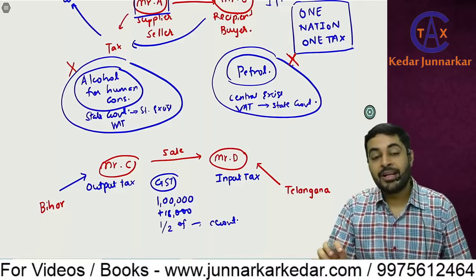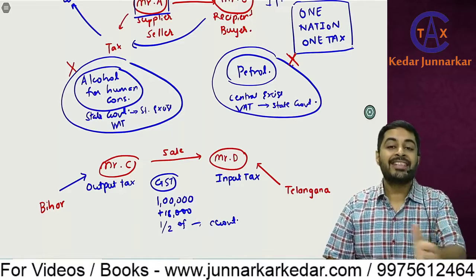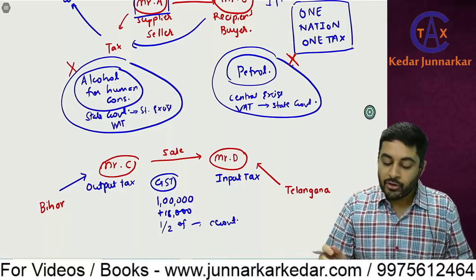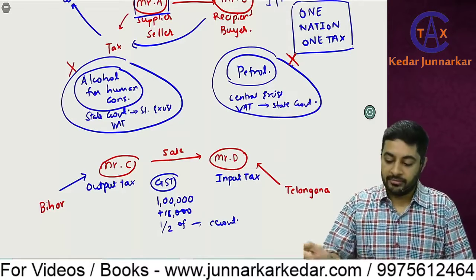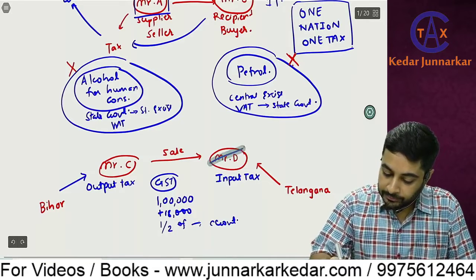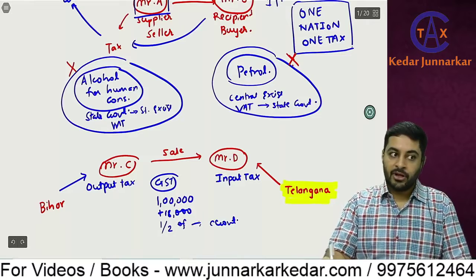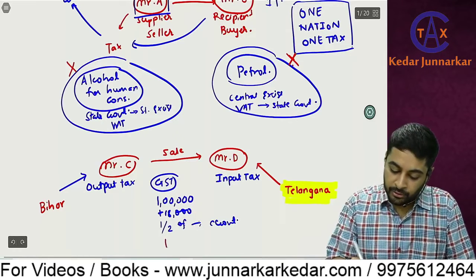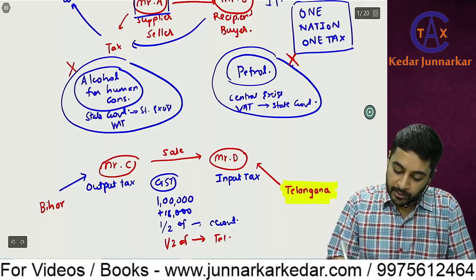Now I told you that GST is a consumption tax, or a destination based tax. So where is the destination of goods? Where is the ultimate buyer located? The buyer is located in Telangana. So half of the revenue will go to Telangana government.